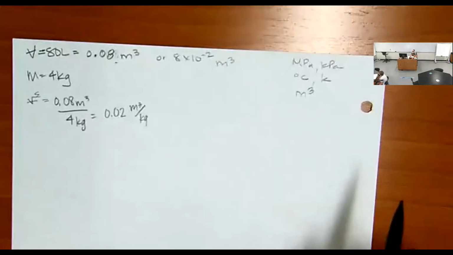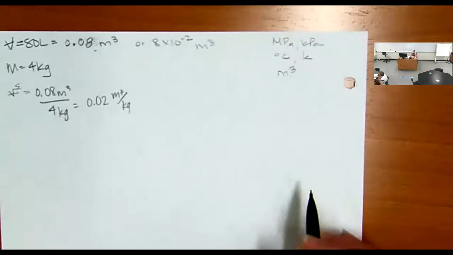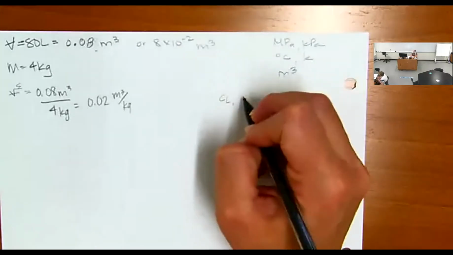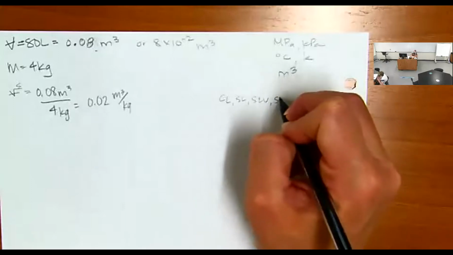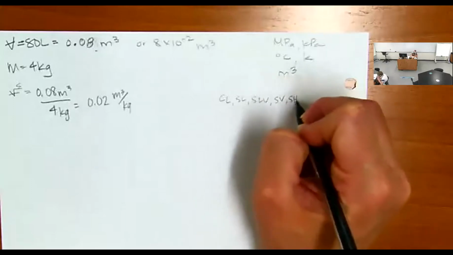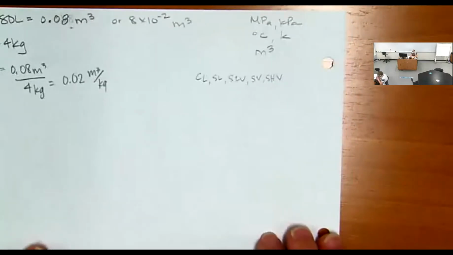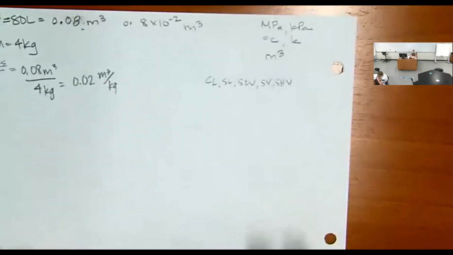So the next thing that we want to do is determine, is this a compressed liquid, saturated liquid vapor, saturated vapor, or superheated vapor. Sometimes, next week, we're going to be determining this based on looking at the tables and comparing values.